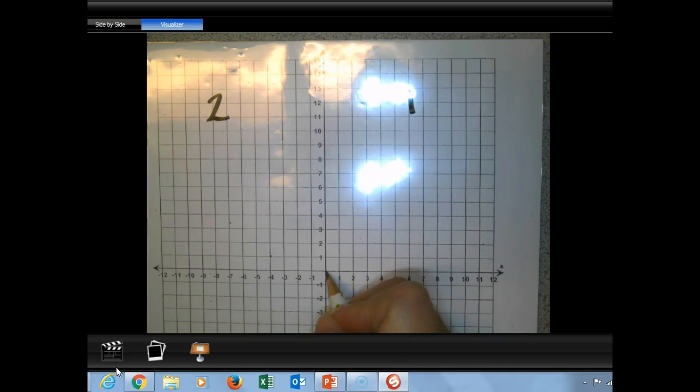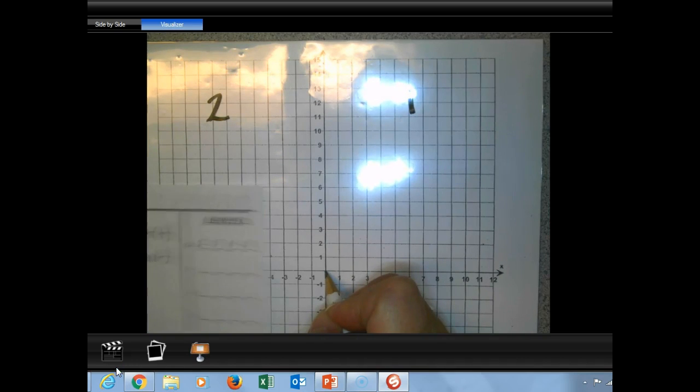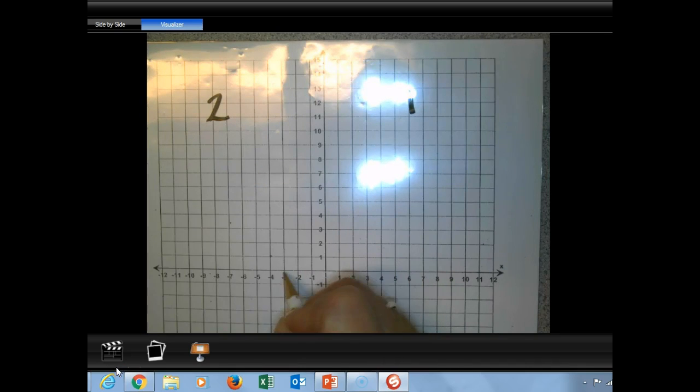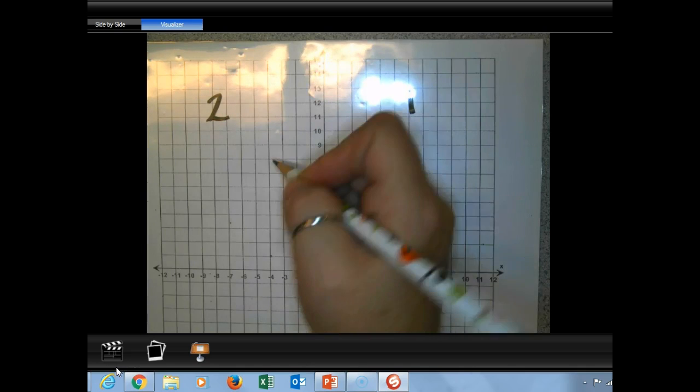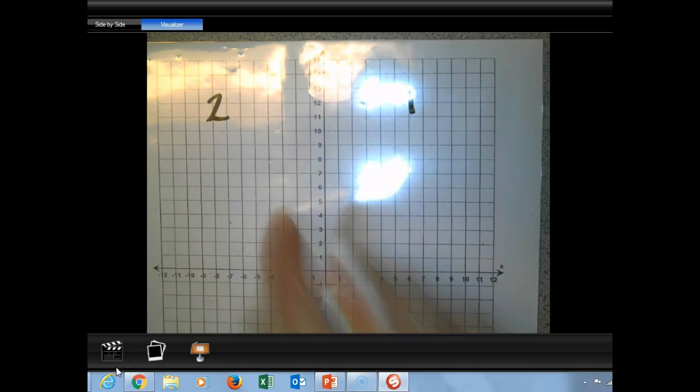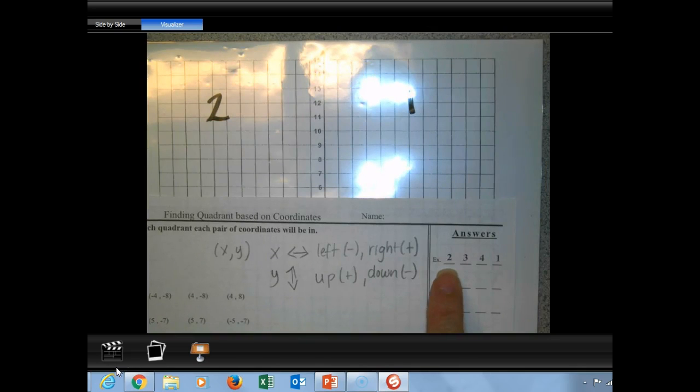From the origin, I'm going to go left 4, because this is -4, and negative tells me left. 1, 2, 3, 4. And then I'm going to go up or down. Up 8. So that's going to put me here. What quadrant am I in? 2. There's my answer for the first example.